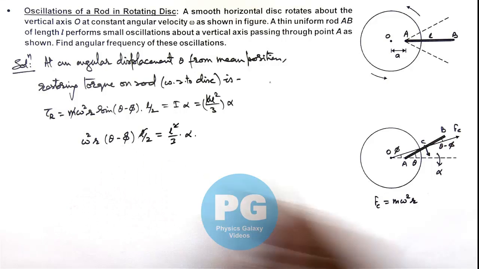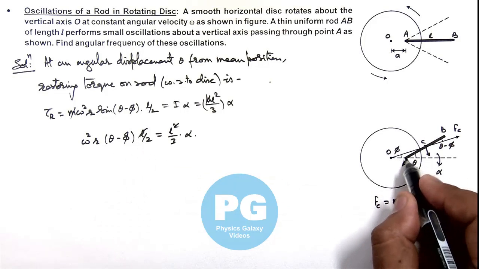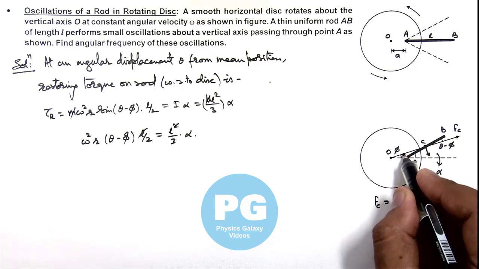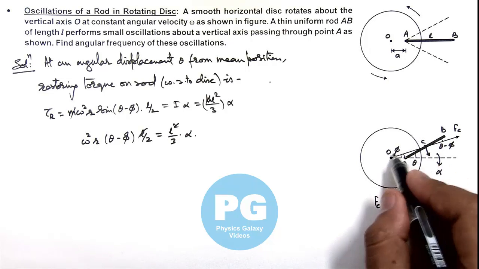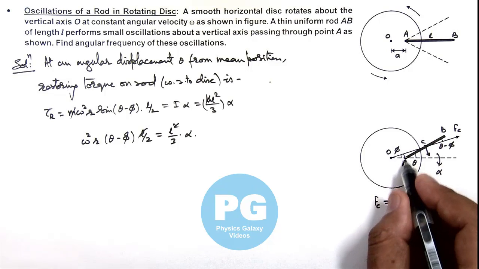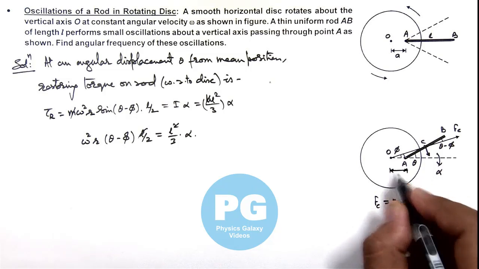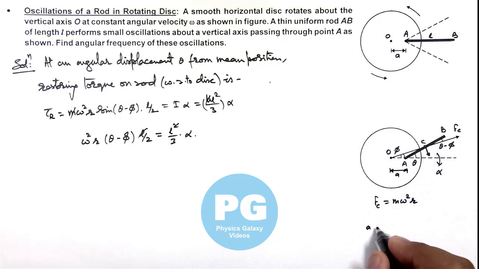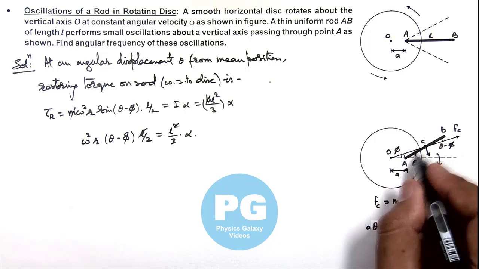The value of phi we can also calculate in terms of theta. Like in this small triangle, if we drop a perpendicular from point A to line OC, we can write the length of this will be, as this distance we are given as A, A phi is equal to L by 2 times theta minus phi, as this angle is also theta minus phi.